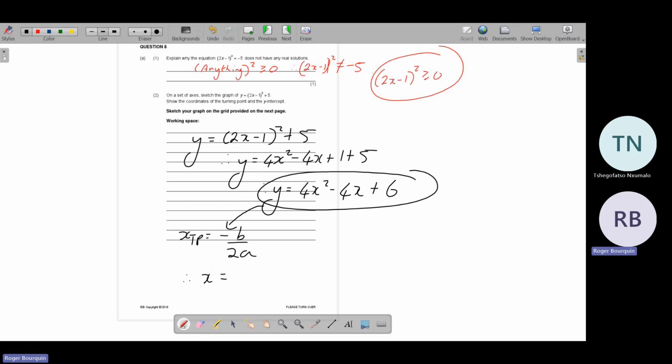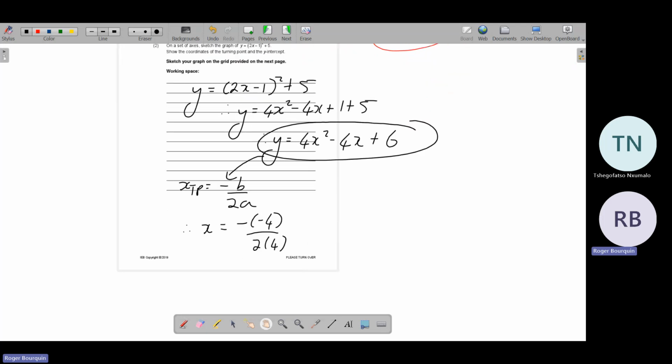For turning points, I wouldn't do it on the calculator. You can check on your calculator, but for turning points I would show some working. Table mode: be very careful of table mode, guys.